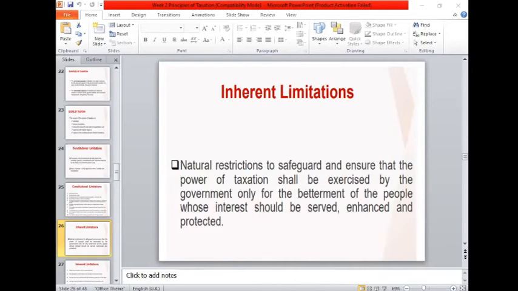According to the Constitution, there are no legal inherent limitations, but the taxation power has its kind of inherent limitations, so the government may not abuse the taxation power.